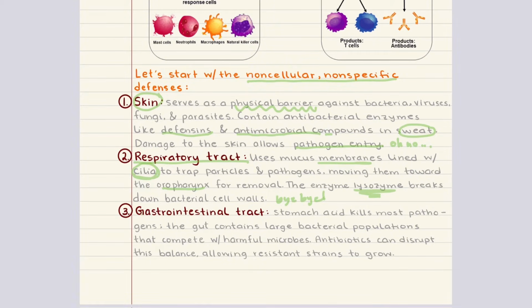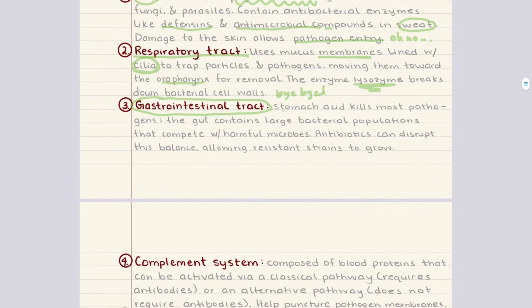Then the gastrointestinal tract uses both chemical and microbial defenses. Our stomach acid creates a highly acidic environment that kills most ingested pathogens. In addition, the gut harbors a large community of beneficial bacteria that compete with harmful microbes for both space and nutrients.